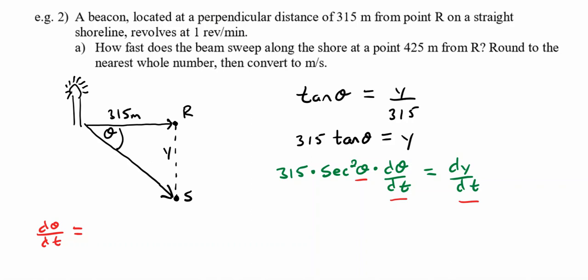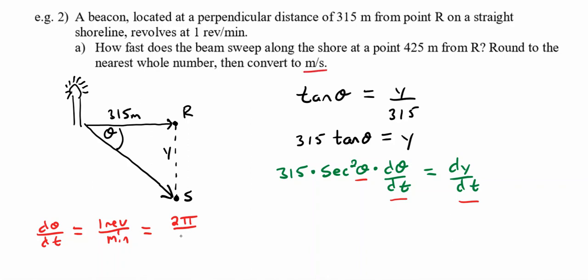But you guys are right to be a little confused. Well, it's 360 degrees. Yeah, that's right. So 1 revolution per minute. How much would 1 revolution be on the unit circle in radians? It would be 2 pi. So 1 revolution is 2 pi. And then the next one that we're going to do, it says convert to meters per second.